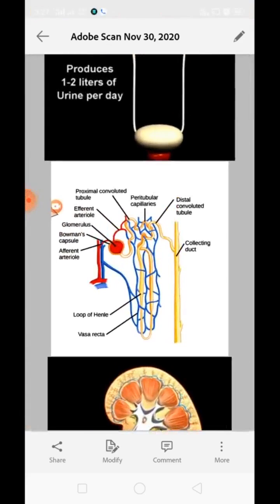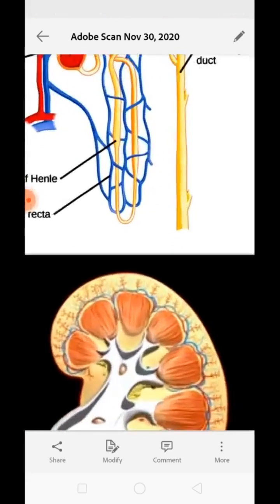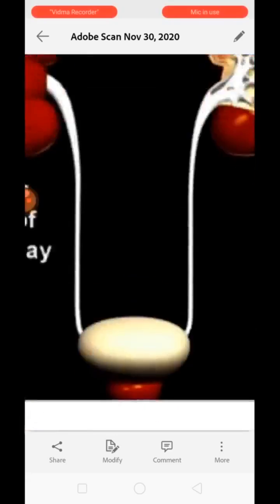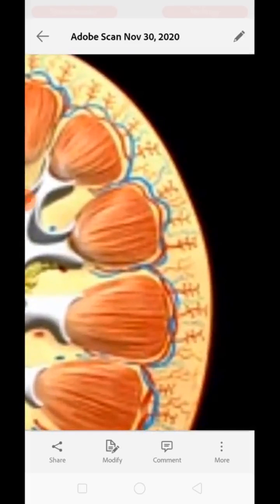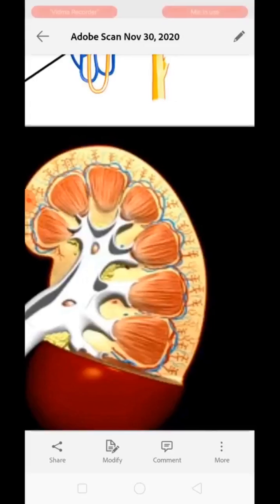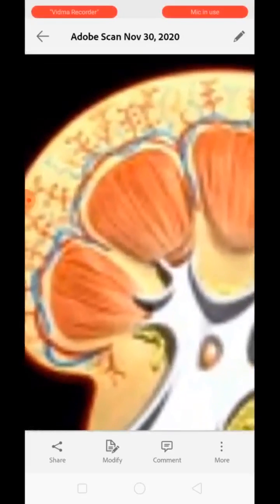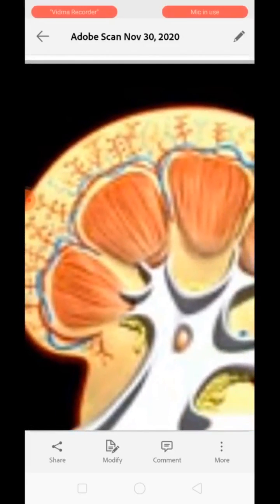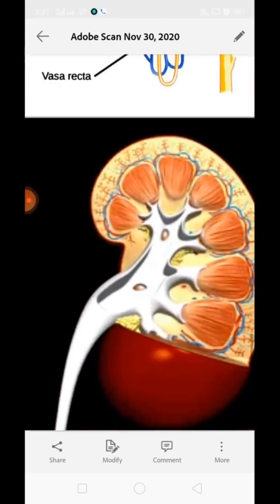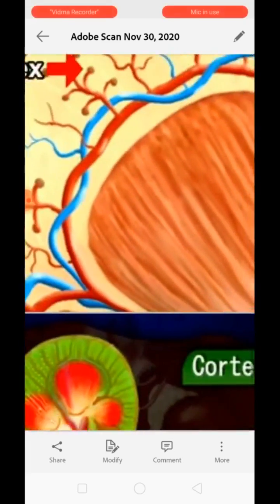You can see lots of collecting ducts are present over here. You can see some blue lines, some red lines. This pyramid-like structure actually has a bunch of collecting ducts.